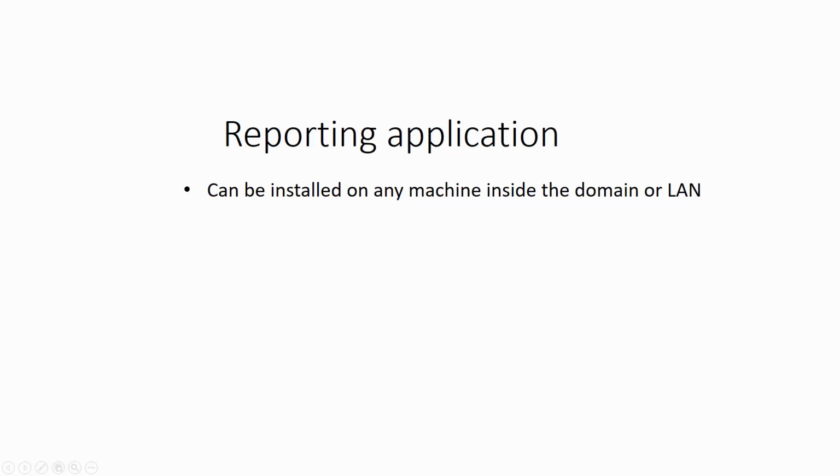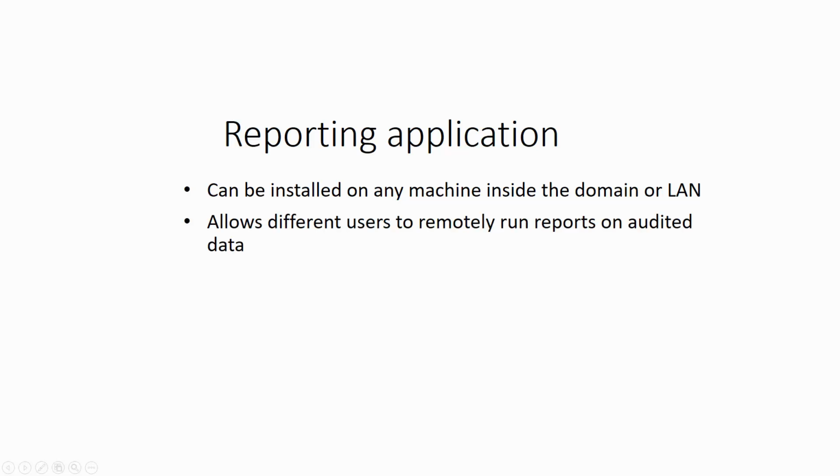The final component of ApexSQL Audit is the reporting application. This component can be installed on all machines inside the local network or domain to allow different users to access the audited data from their workstations in order to create different reports. The installation process is similar to the main application installation, but greatly simplified.